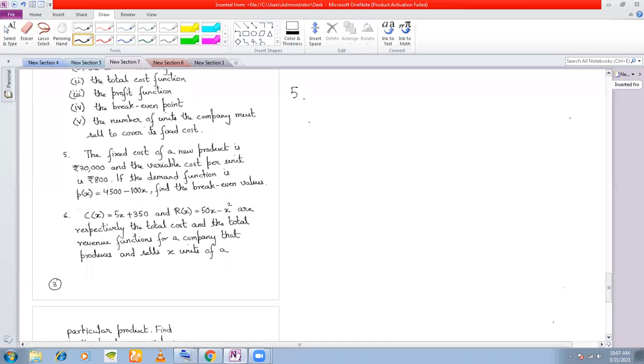The fixed cost of a new product is rupees 30,000 and the variable cost per unit is 800. This time the demand function is given; find the break-even values. So here fixed cost is given to you, 30,000. Variable cost, 800 per unit. Let x be the number of units produced.